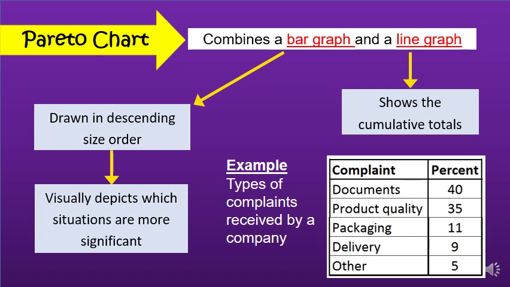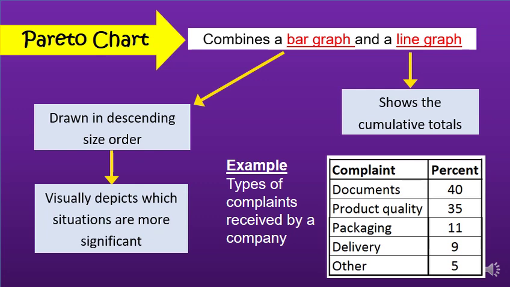If you notice all the way at the end there, we've got 5% related to something called other. So if it's not related to documents, product quality, packaging, delivery, so those are your other things there. If it's not one of those, it's classed in the other category.